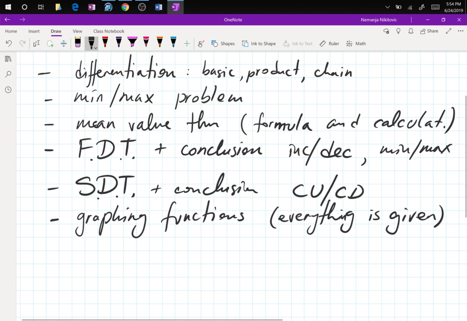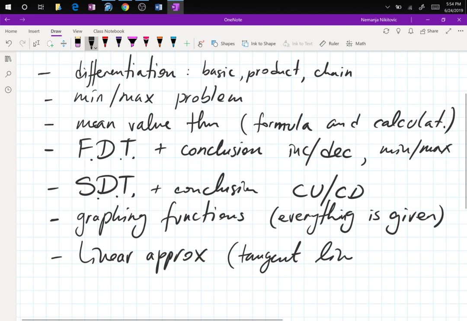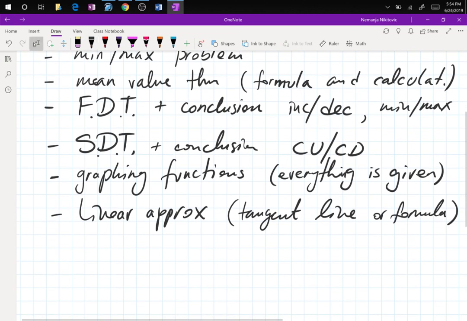Linear approximation. Tangent line, or formula. So maybe you memorize the formula, the one-line tangent line problem, or you know the entire procedure for tangent line and you just go and grind through the entire thing.